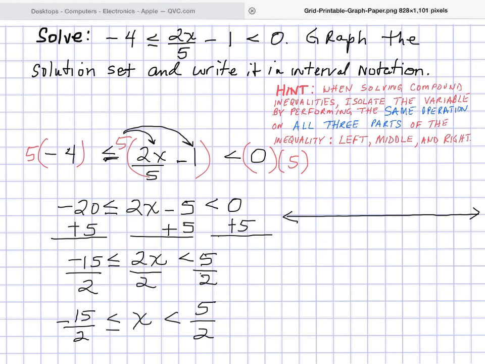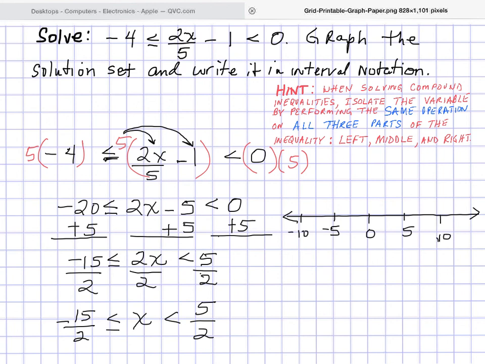7.5? Yes, negative 7.5. So let's just get us some numbers here. If this is 0, and let's say this is 5, and this is 10, this is, I'm sorry, negative 5, negative 10, this is 5 and 10.